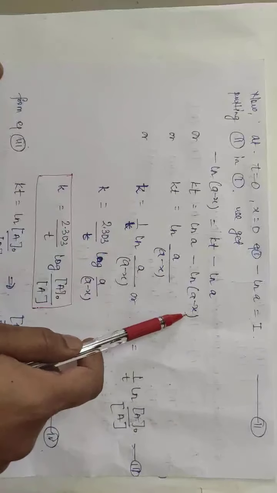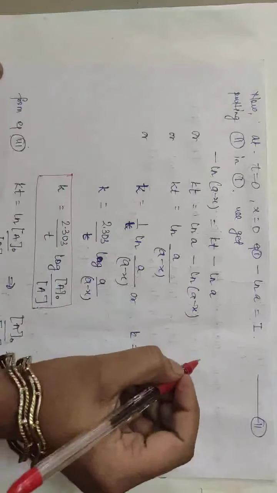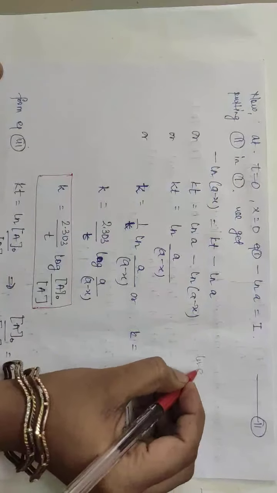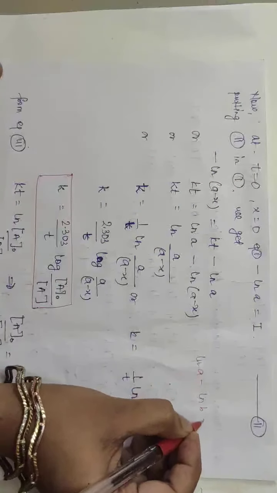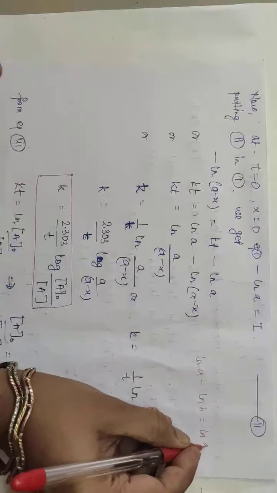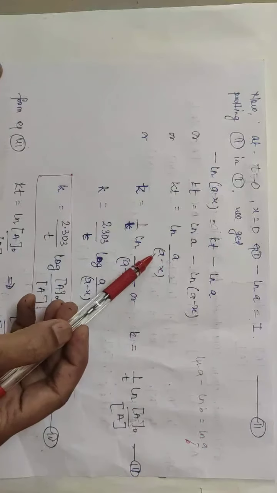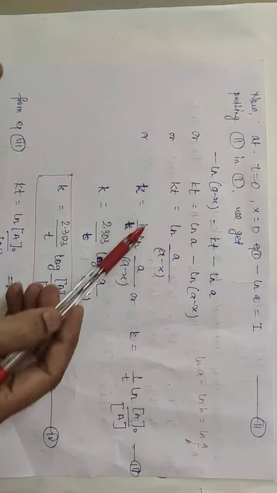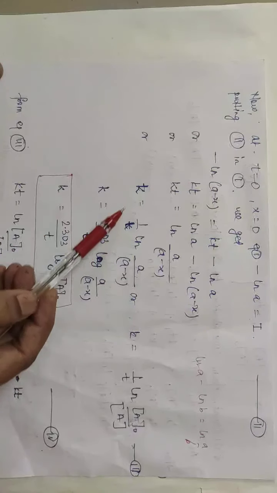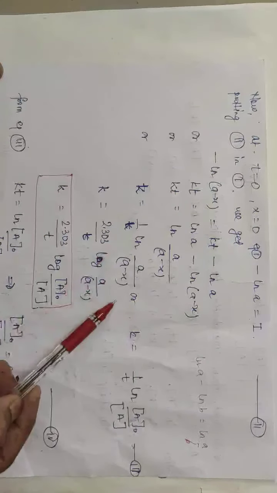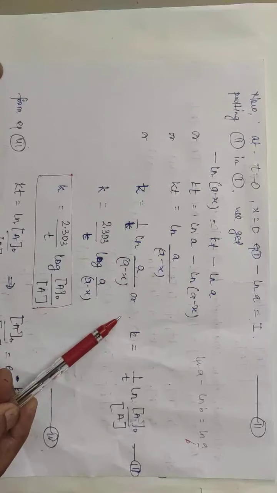This is of the type ln a minus ln b, which is equal to ln a by b. So here ln of a upon (a minus x), and again for k, t will come here.